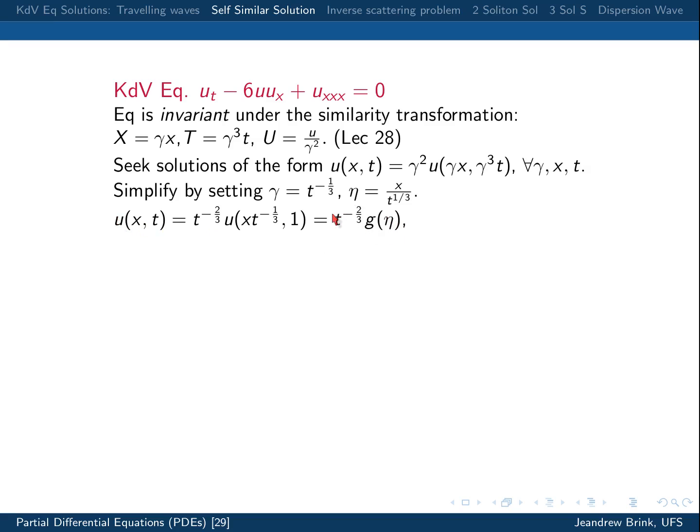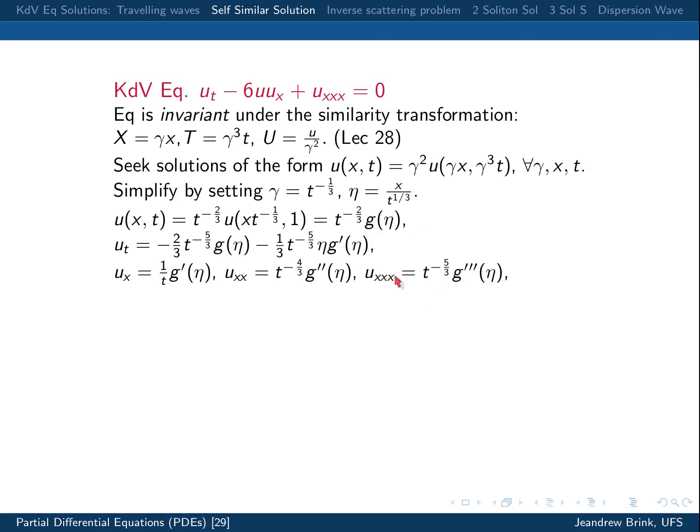We work out the consequences of this ansatz by working out what ut is, and ut is simply the derivative of this prefactor times g of eta minus g prime of eta, the prefactor times the derivative of eta with respect to t, which is then just this. g of x is simply this prefactor times g prime times the derivative of eta with respect to x, and combined with the prefactor, we get 1 over 2 g prime. g xx is simply g double prime d eta dx times 1 over t, and g triple x is simply that.